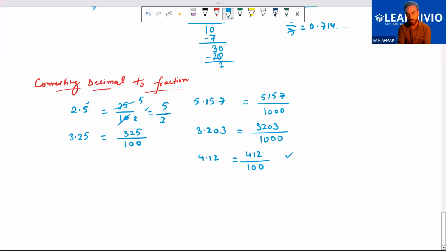The answer can be given in the simpler form, 5 by 2. It will be discussed in fractions. Do you have any problem in this? No, all doubts are clear in the decimals.